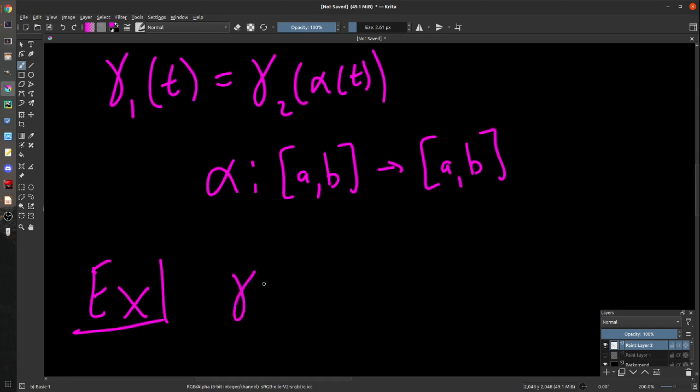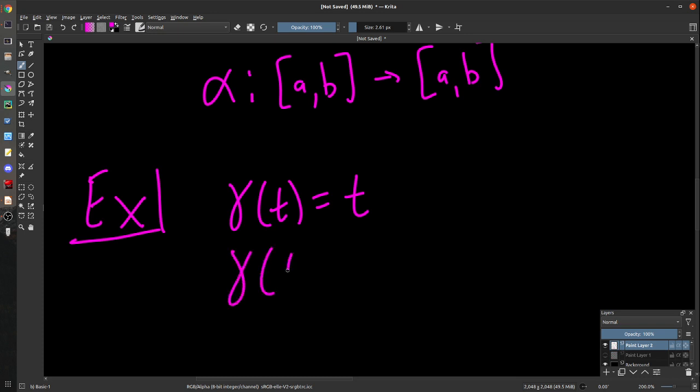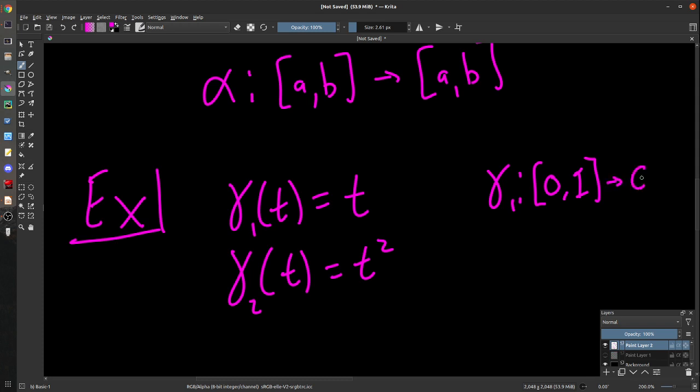Here's an easy way to think of it for an example. So if you had gamma of t given by t versus gamma of t given by t squared, if gamma 1 and gamma 2 are both taking the closed interval from 0 to 1 into, I don't know, they can go into C. It doesn't matter. We can do t, versus t squared plus i t squared.